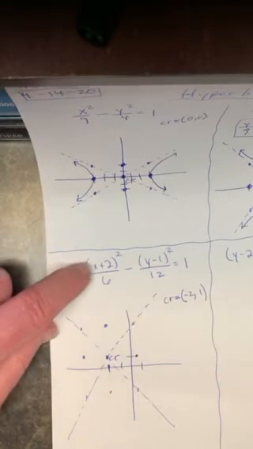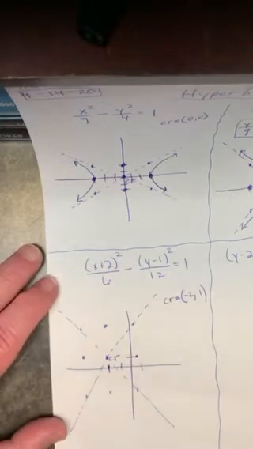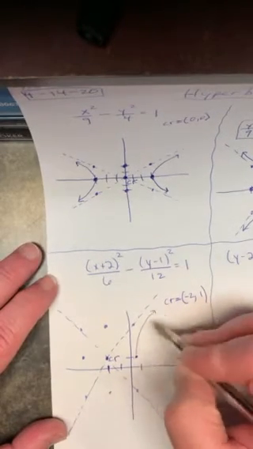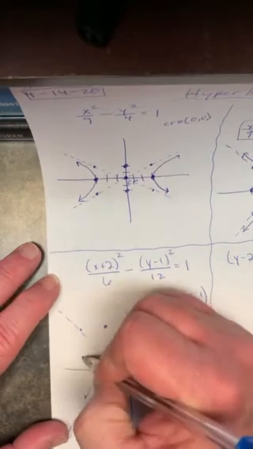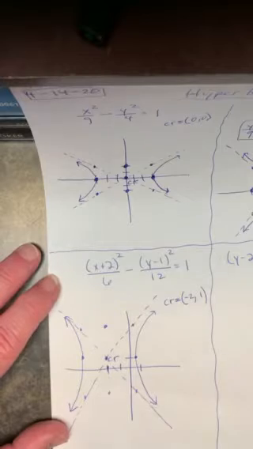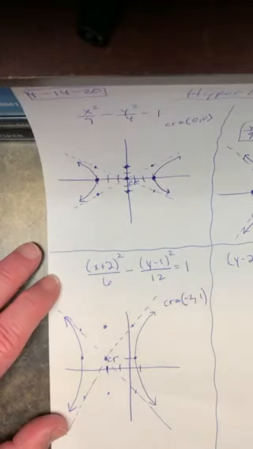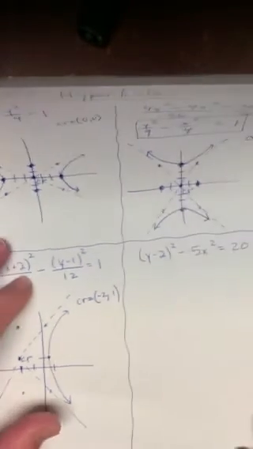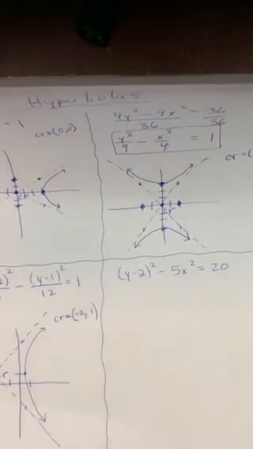And because the x squared is first, it opens left and right. So it's a really wide hyperbola opening right and left. It should get really close to the dotted line and not quite touch it. Okay?